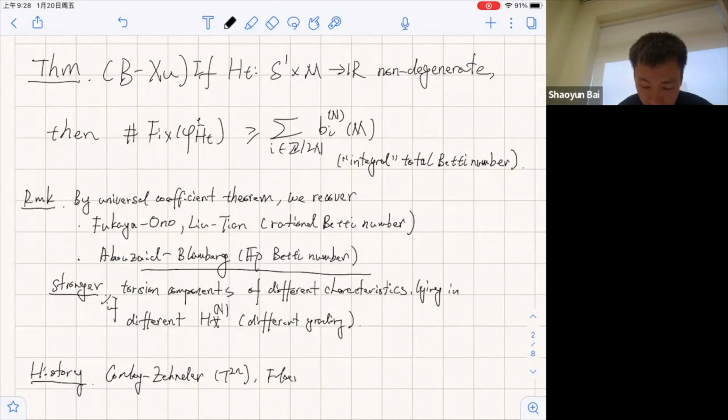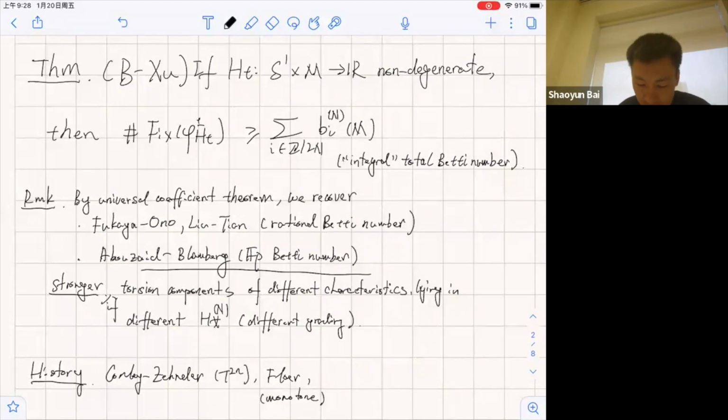And then, of course, there's the breakthrough of Floer, who established such a lower bound for monotone symplectic manifolds. In particular, Floer invented Floer homology to deal with this kind of problem.